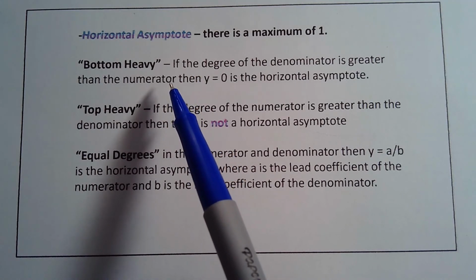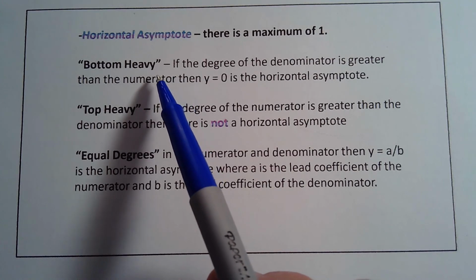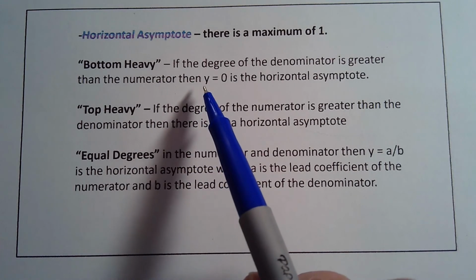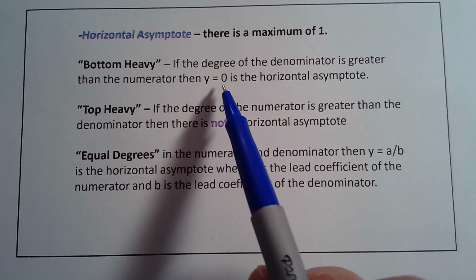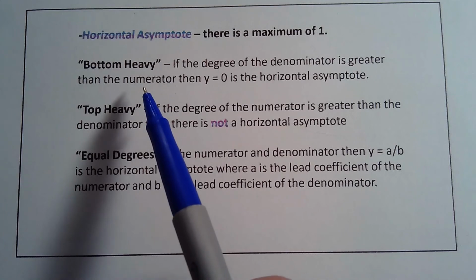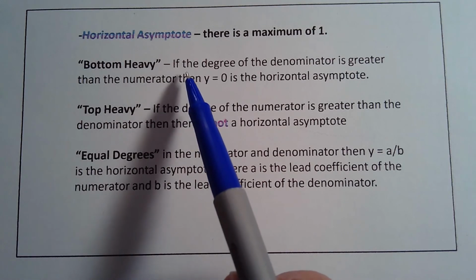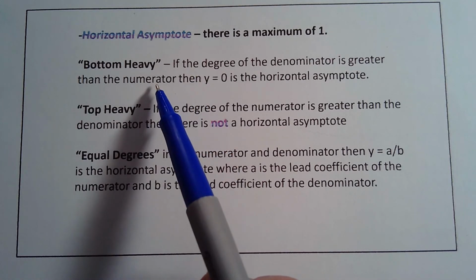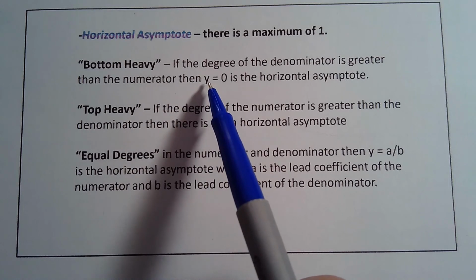In that last example, it was bottom heavy because it was degree 3. There were 3 binomials down there and only 2 in the top. When that happens, the x-axis is always a horizontal asymptote. So bottom heavy, if the degrees are more in the denominator, so that's a higher degree than the numerator, then y equals 0 is the one horizontal asymptote for that curve or graph.